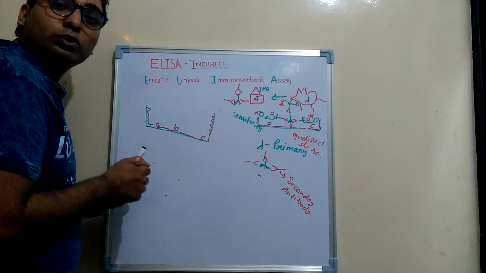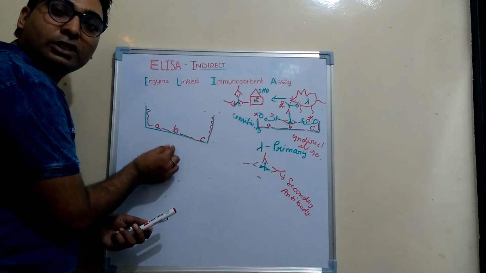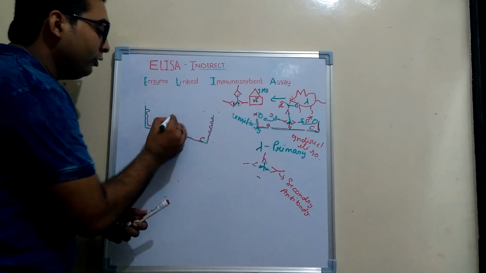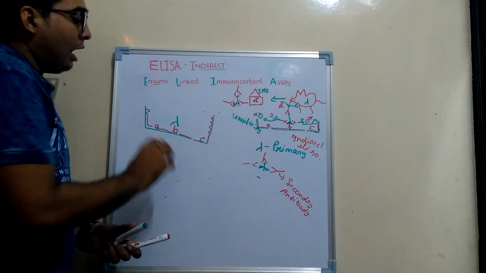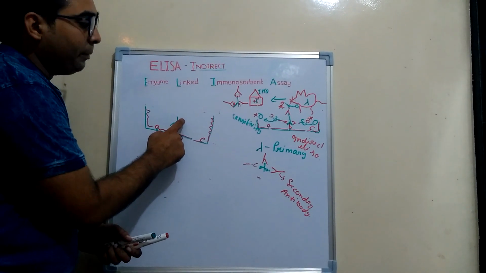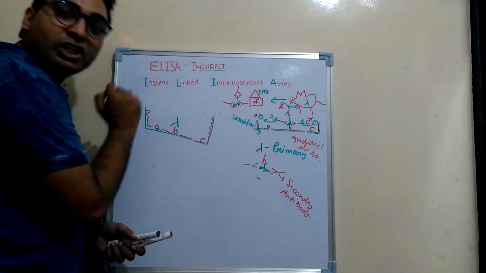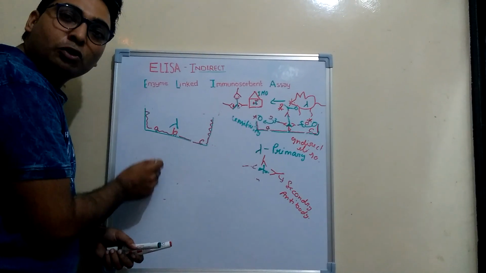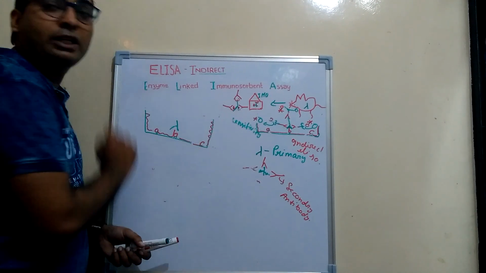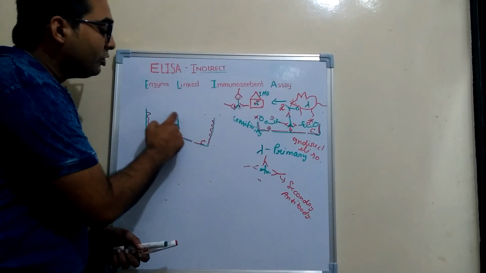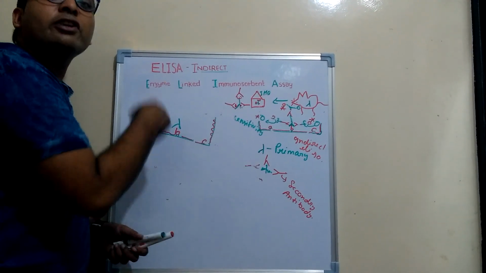Now, because I want to detect the B antigen, I will first use the primary antibody. This primary antibody is not enzyme linked, but it has affinity to make a bond with the B antigen, not with the A antigen, not with the C antigen. Because I have generated a secondary antibody.